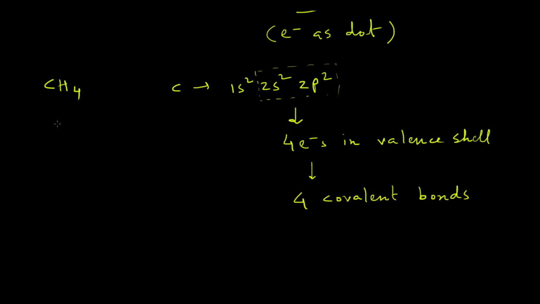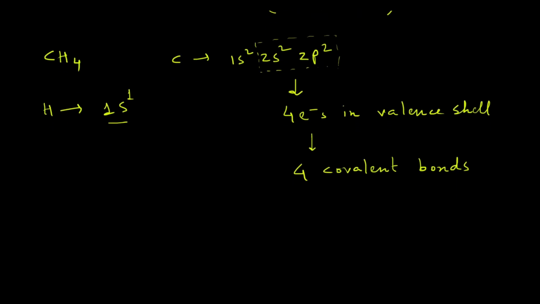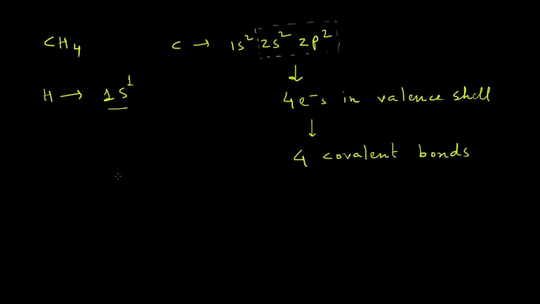If we consider the electronic configuration of hydrogen, it is 1s1, that is, it has only 1 electron in its valence shell, which is the 1s orbital. Now let us look at the covalent bond formation between carbon and hydrogen during the formation of the methane molecule.